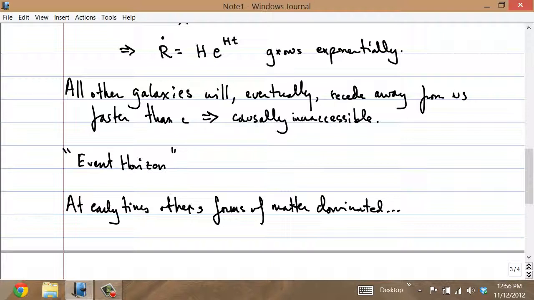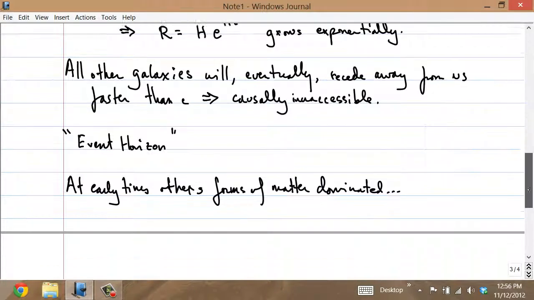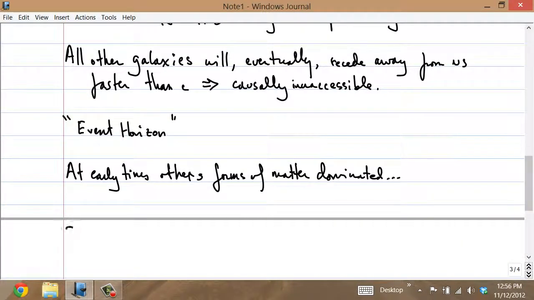Thus, at very small values of the radius, the energy density in radiation vastly exceeded that in all other forms of matter. So one can see that intuitively just by noting that as the universe becomes smaller and smaller, you have more energy compacted into a small region.